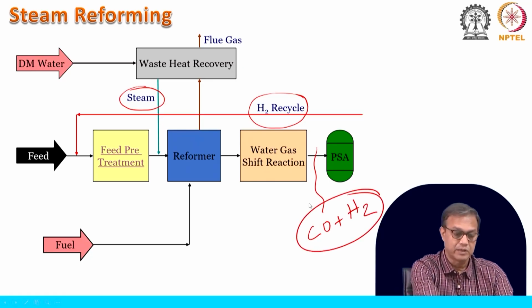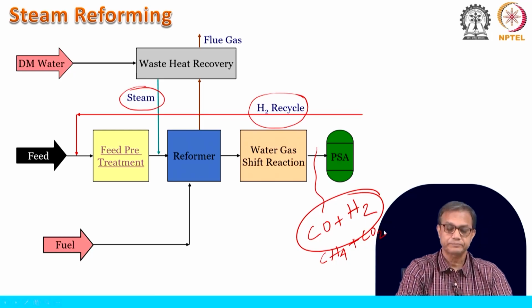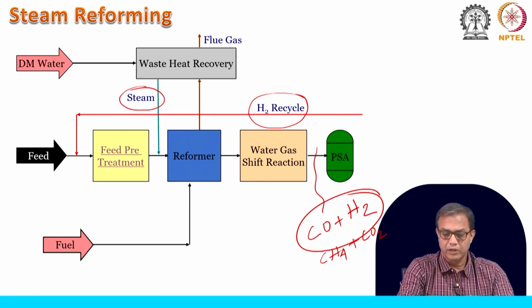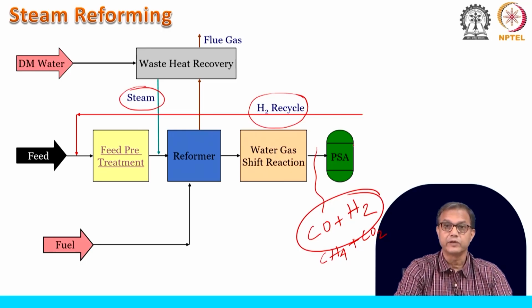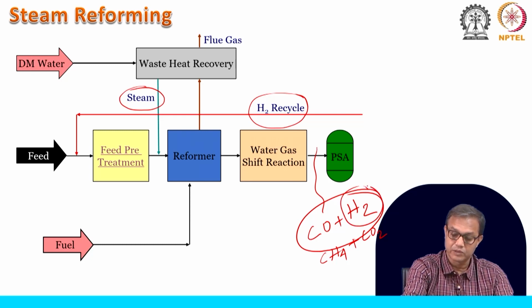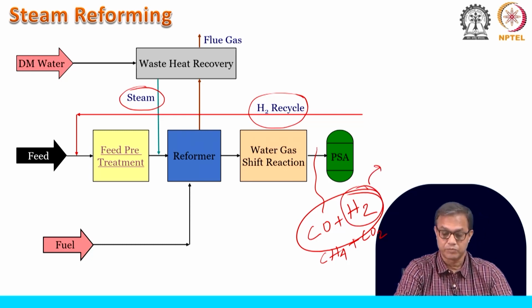Along with that, some amount of feed will also be carried over, as well as CO2 will be there in this reaction. So, finally what we are looking for from here is the hydrogen that we want for our hydrogen production.